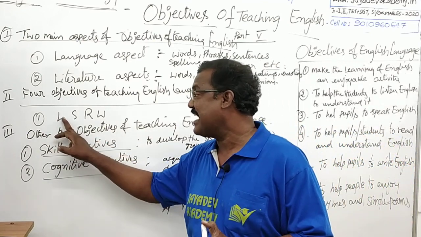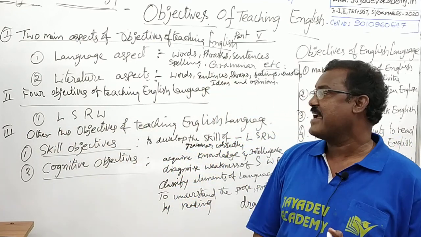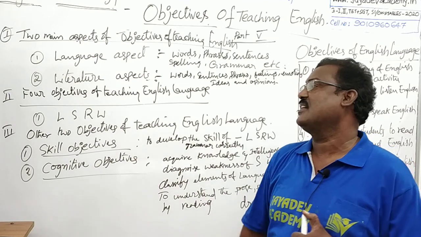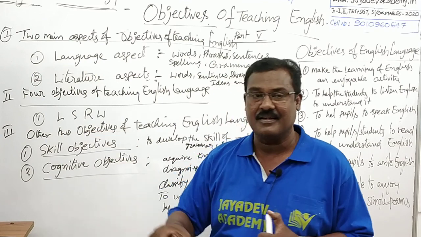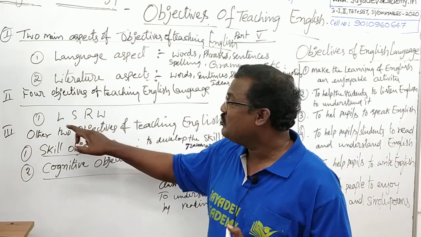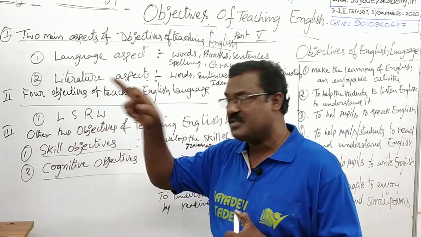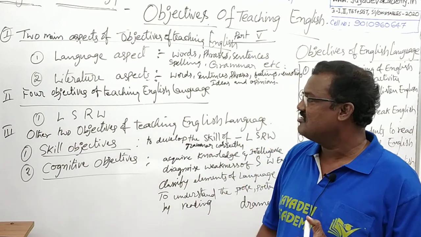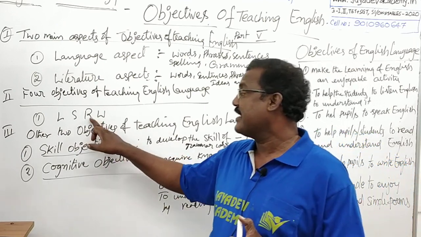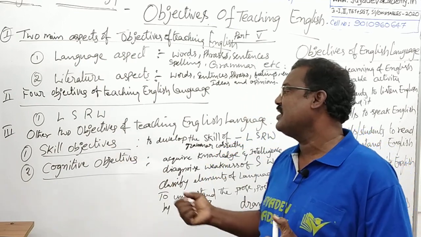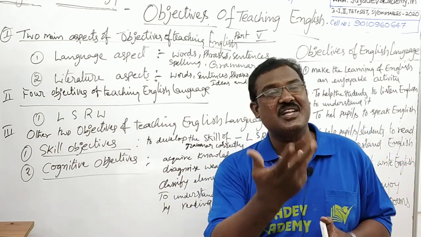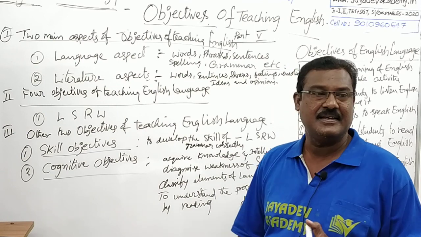Students should feel very happy to listen to the language the teacher is teaching, particularly English. Speaking, by listening: immediately the student should be able to speak English in little words, little sentences. And reading: the student is able to read properly with linguistic skills.